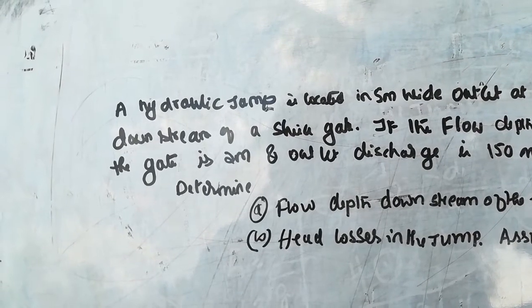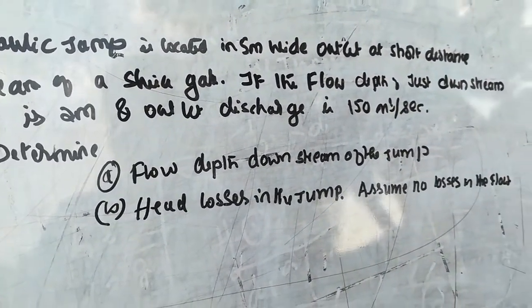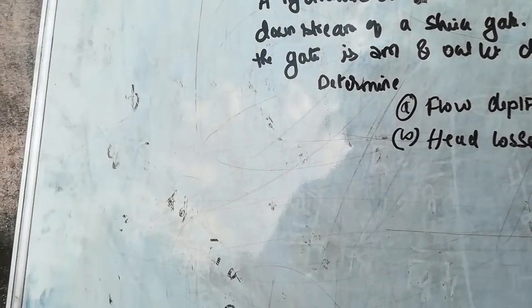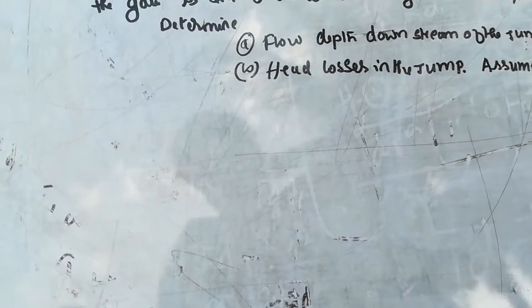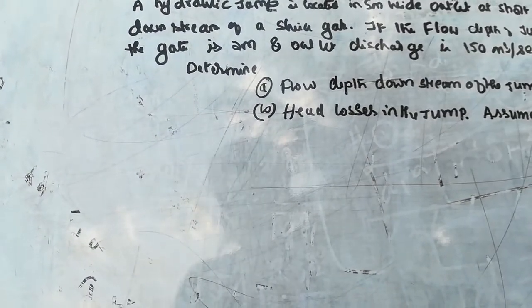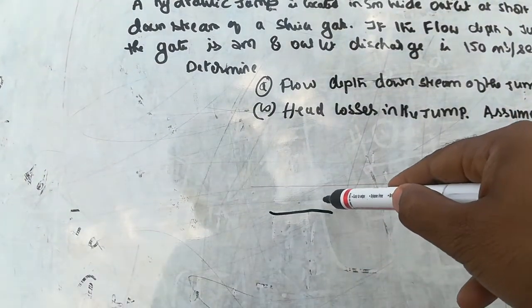It means d2 we need to find, and head losses in the jump, assume no losses in the flow. It means we need to find out the head loss HL. So here just draw what they have asked: a hydraulic jump.